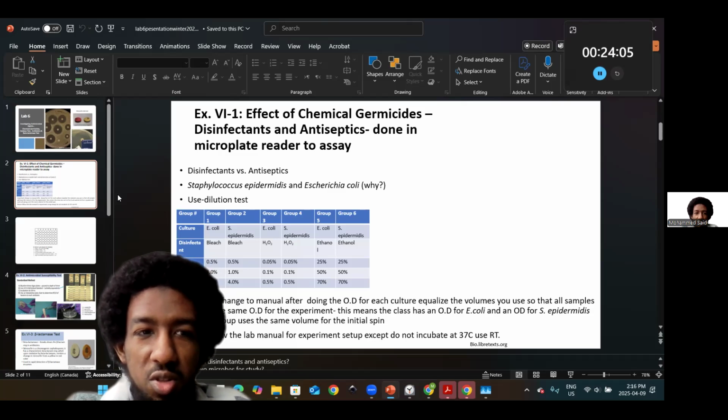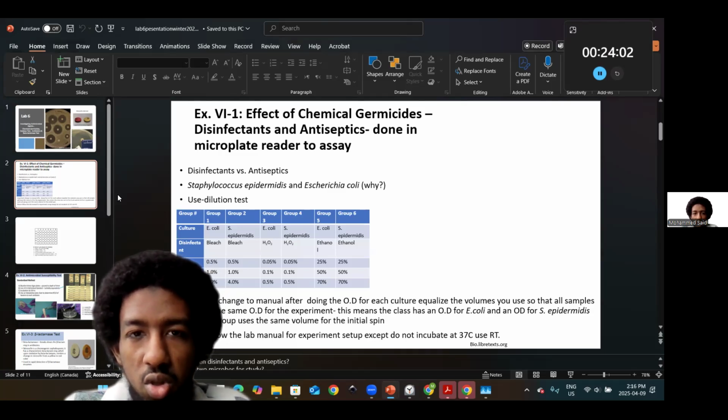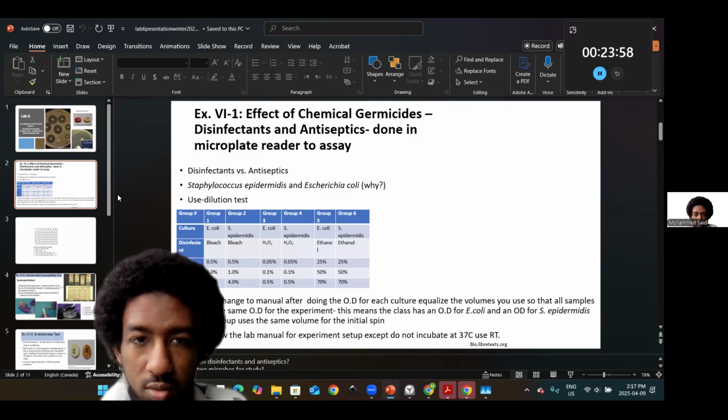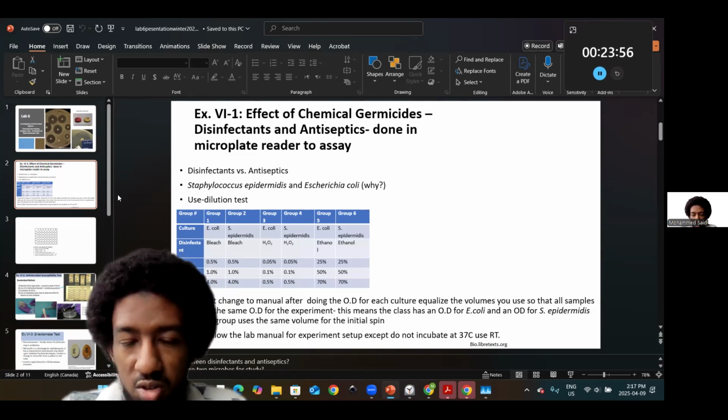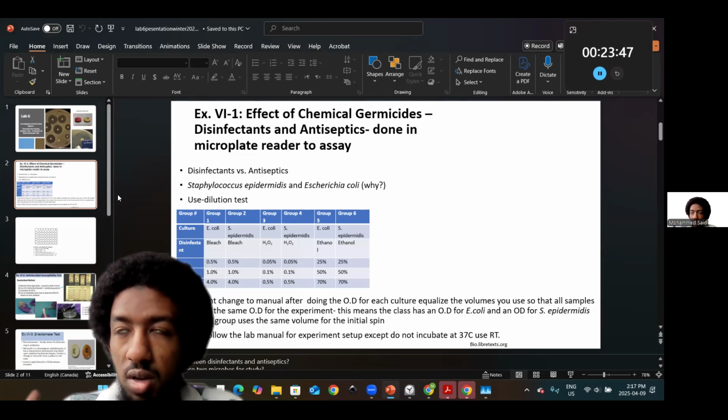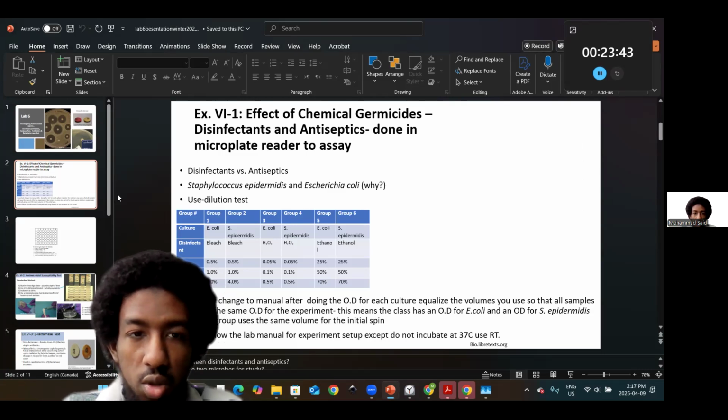As you can see here, we went through the chemical germicides, and I hope you know the differences between disinfectants, which are normally placed on your bench tops or on surfaces, whereas antiseptics are normally used to kill or reduce bacterial growth on living tissues.